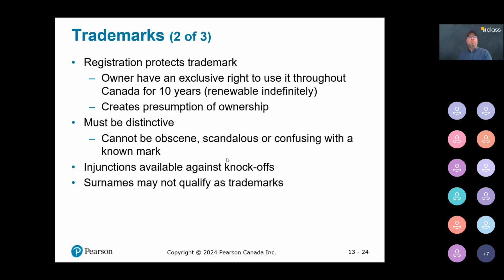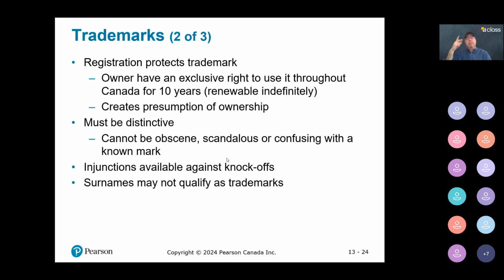However, you can renew indefinitely. Like Coca-Cola may have registered their trademark in the early 20th century or even the 19th century. And as long as they renew every 10 years, and also keep the trademark active in business, they have the trademark for them only.